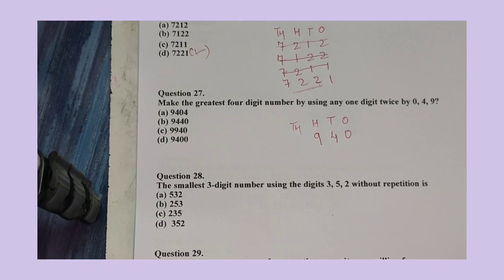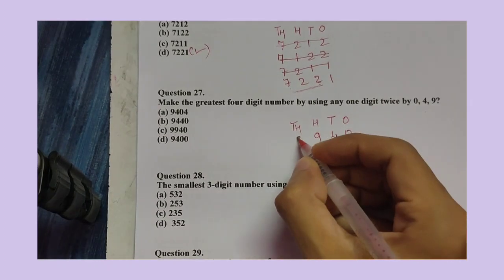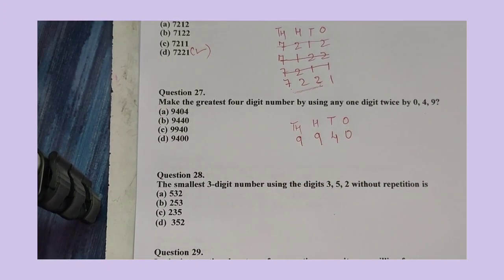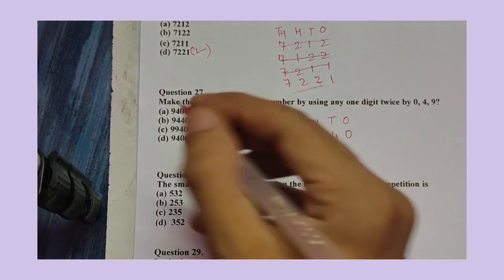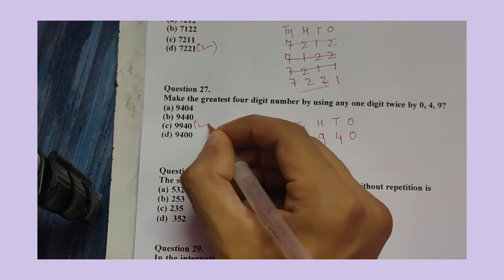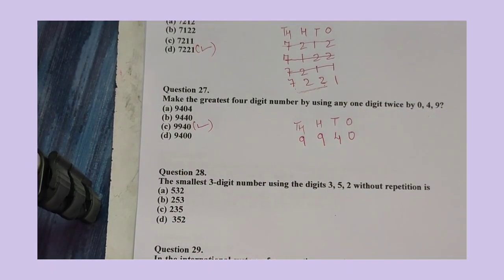One number can be repeated twice, so 9 will be repeated twice. So the greatest 4-digit number is 9940, which means option C will be the correct one.